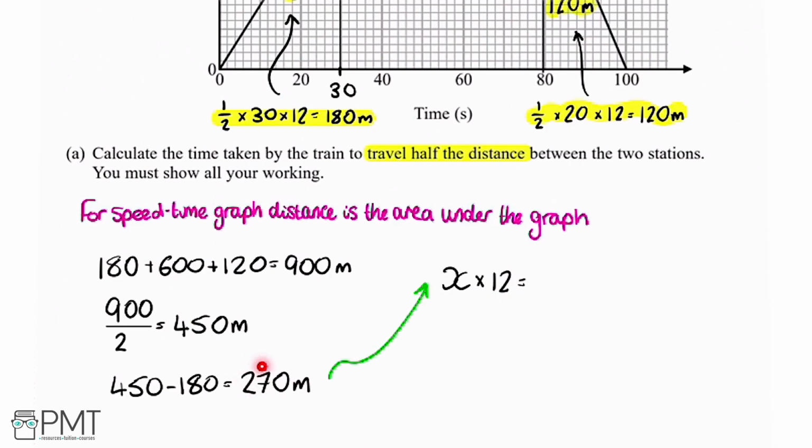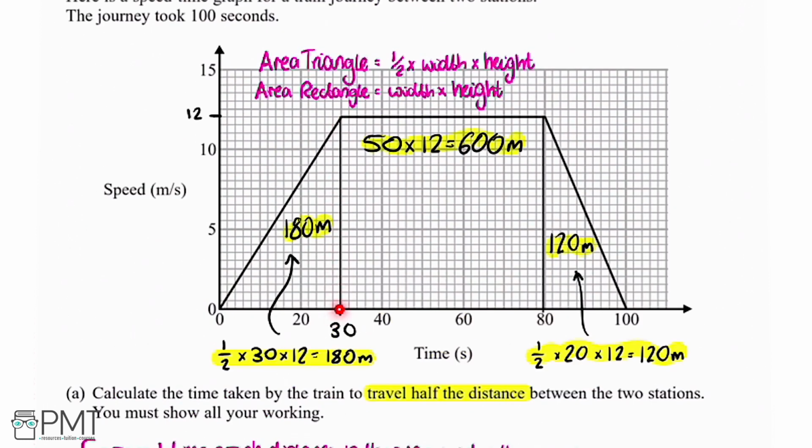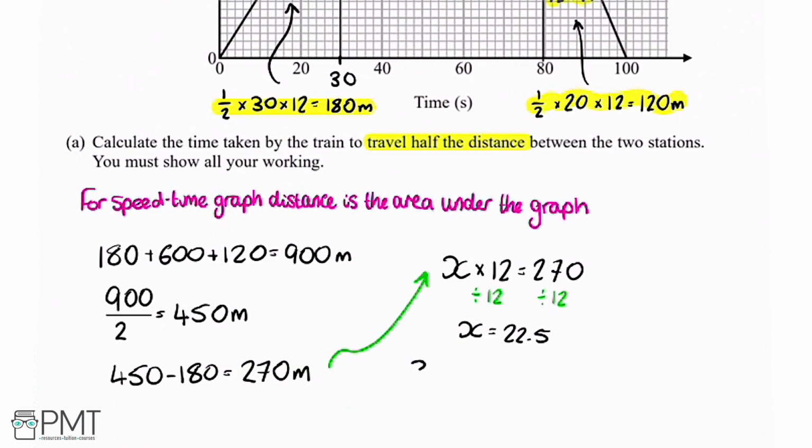And it's going to equal 270. If I divide both sides by 12, we're left with x on the left-hand side and 22.5 on the right-hand side. So from 30, we need to go 22.5 along this way. 30 plus 22.5 gives us 52.5.